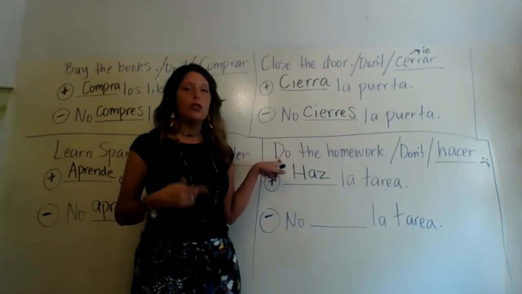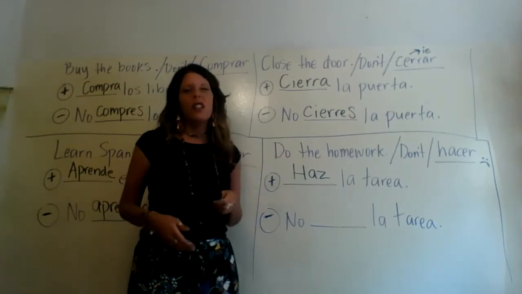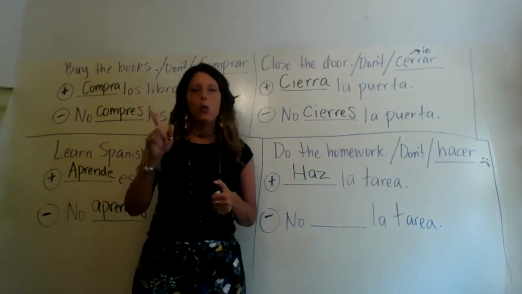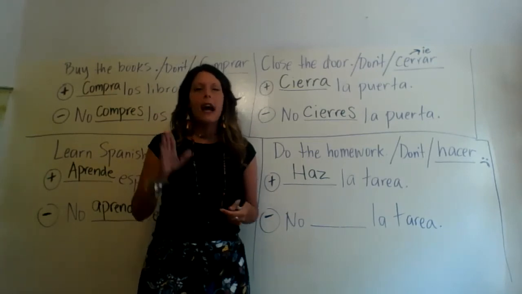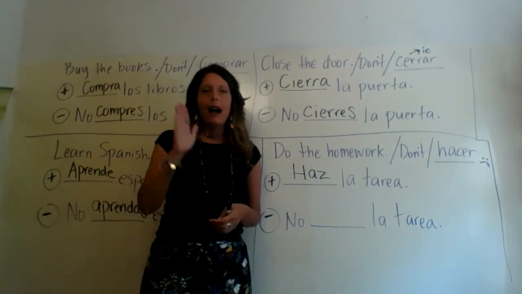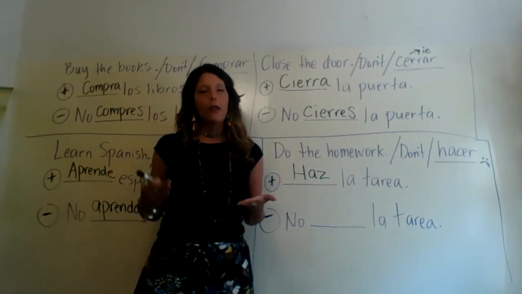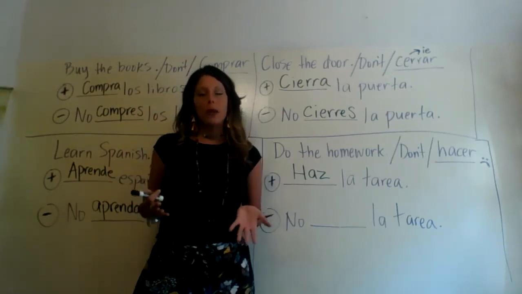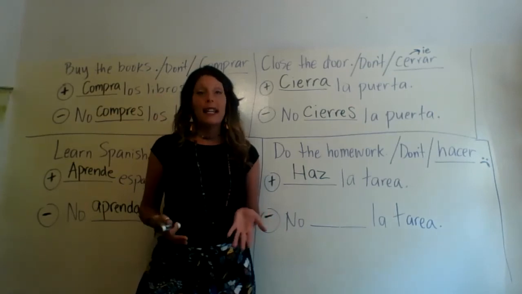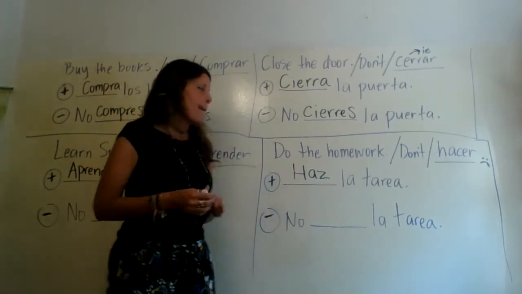Remember, hacer meaning to do or to make. I want to say do the homework and I'm talking to one person. I would say, haz la tarea. Haz la tarea. And that is my affirmative informal command that must just be memorized because it is irregular.